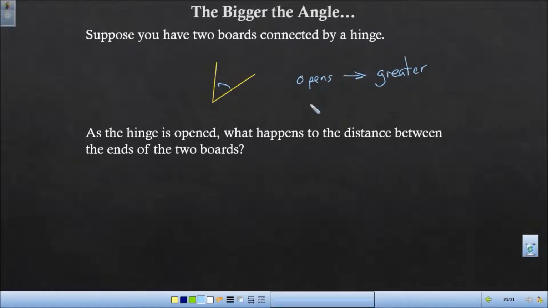And then as it shuts, the distance becomes lesser. You want to imagine that we've strung a bungee cord between these two ends. And as I open and shut it, that bungee collapses or expands or shrinks. Okay. So as the angle gets big, this side gets big. And as this angle gets small, this side gets small.